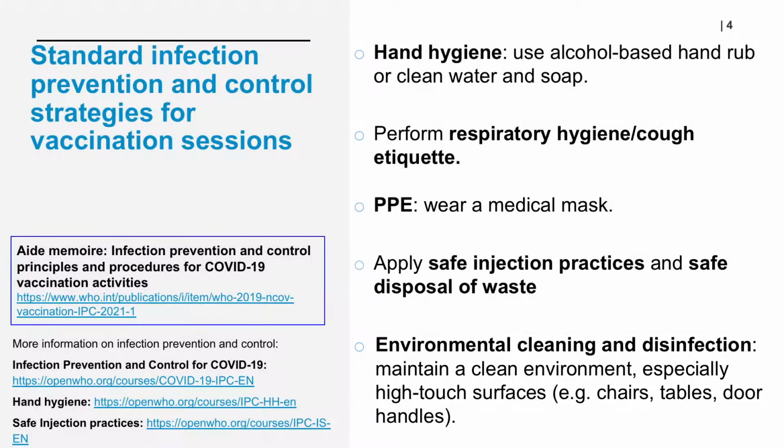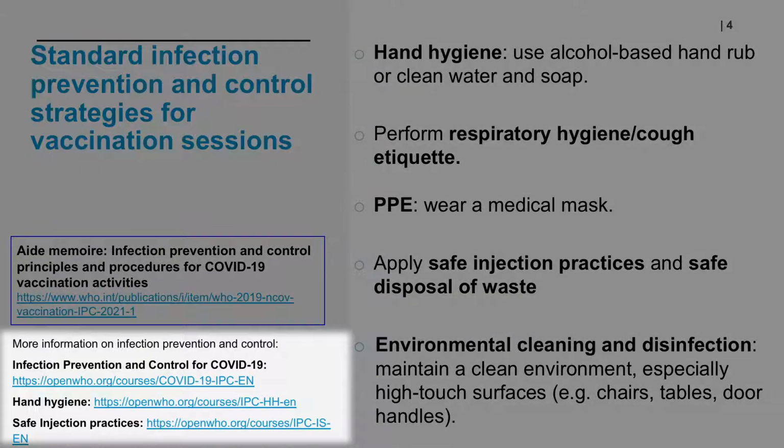The use of standard precautions for every vaccine encounter is important because it is known that about 30% of those who are infected with SARS-CoV-2 do not have any symptoms. There are also links to relevant resources included in this slide.